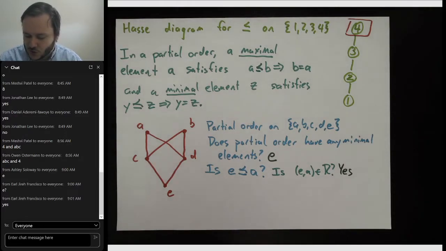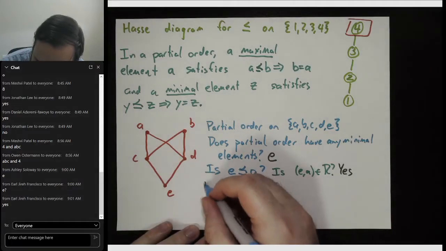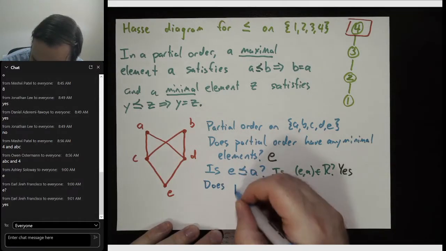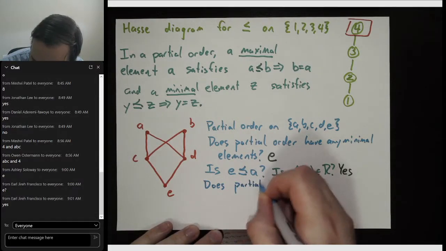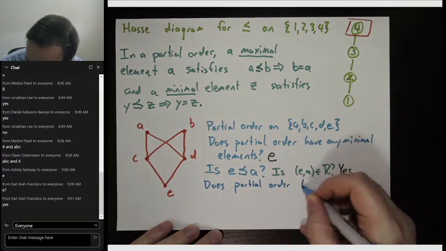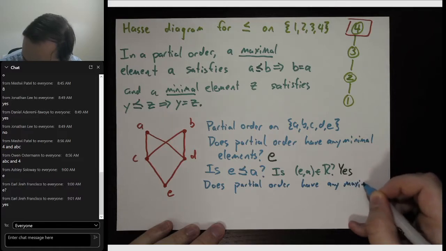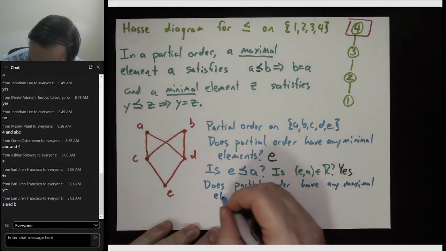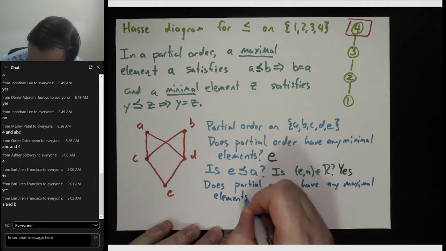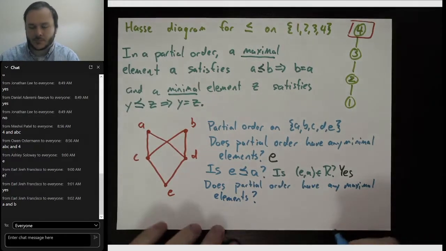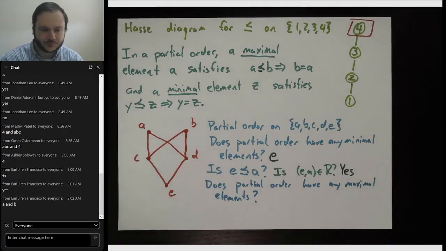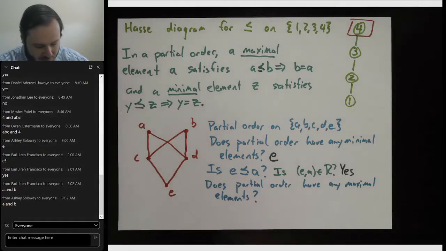Does this partial order have any maximal elements? Good. I have two maximal elements.